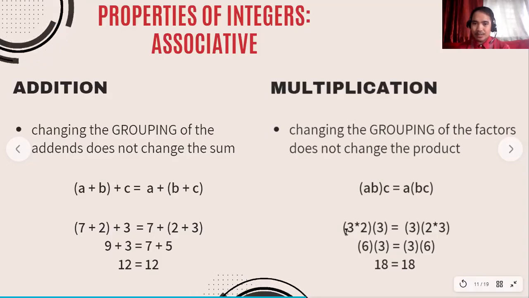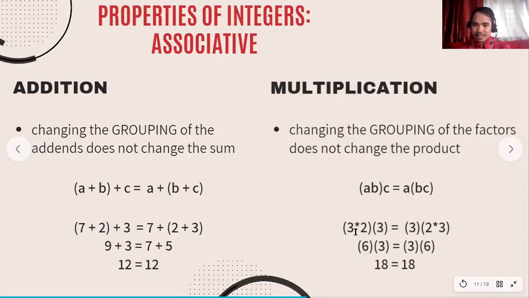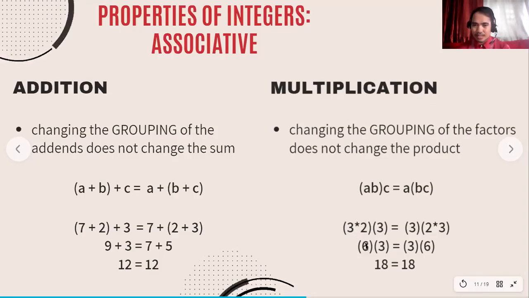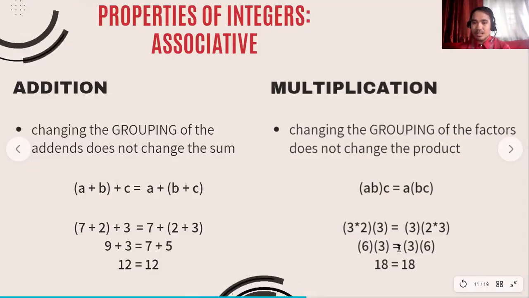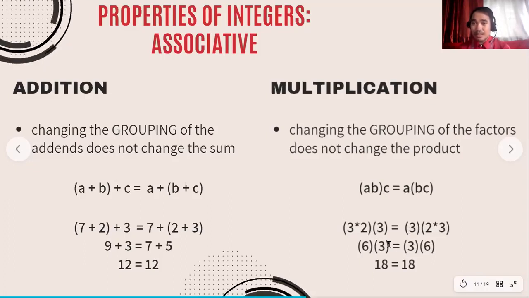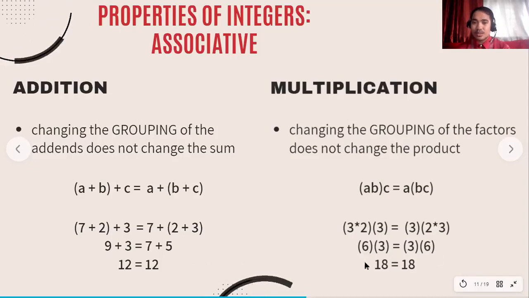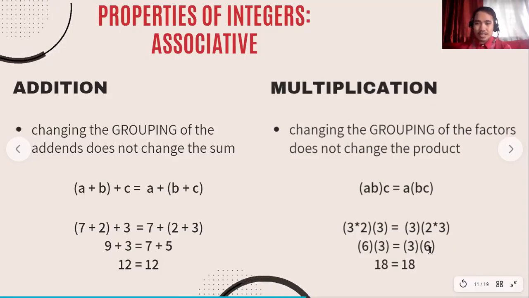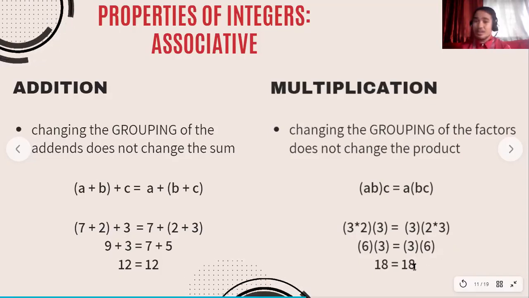Let's first operate the two factors inside the parentheses. 3 times 2 is equal to 6, times 3 is equal to 18. On the other side, 2 times 3 is 6, so 3 times 6 is also equal to 18. Okay, very good.